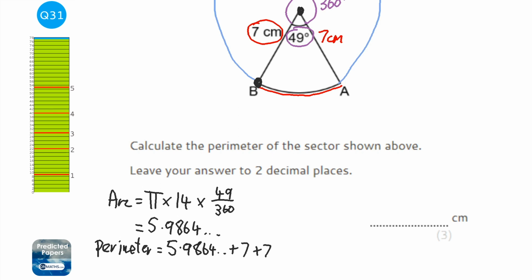So I'm going to add 7, and it gives me 19.9864 blah blah blah blah. So to 2 decimal places, that's going to be 19.99 because that 6 moves that 8 up to a 9.